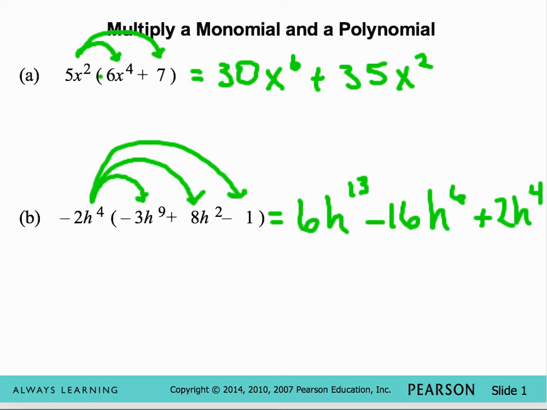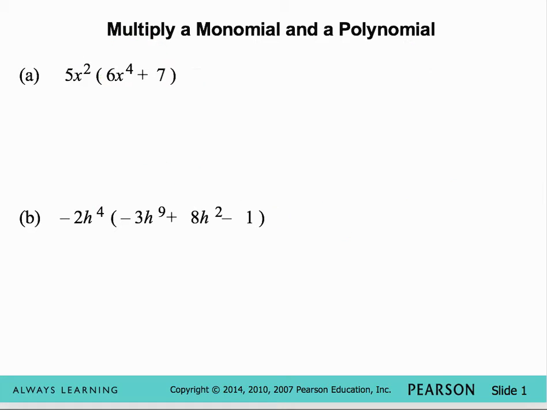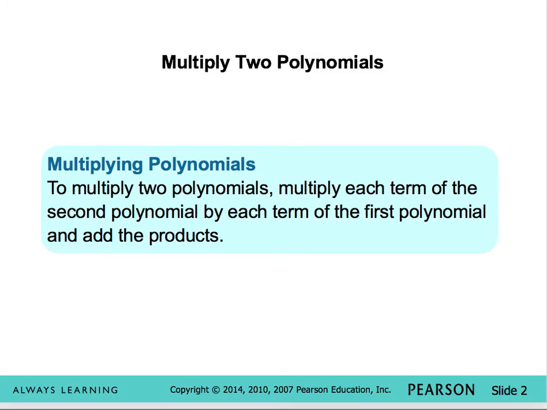Okay, so notice what we did. We just multiply this term times every term in the polynomial, right? However many terms there are. We're just going to make sure we multiply that monomial times every term in the polynomial.